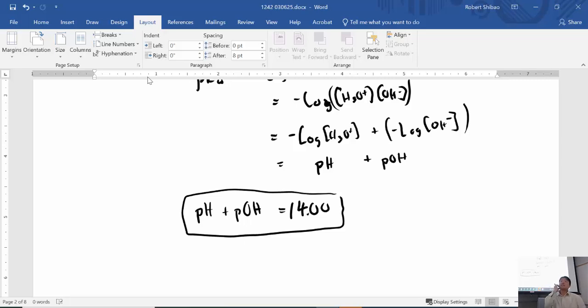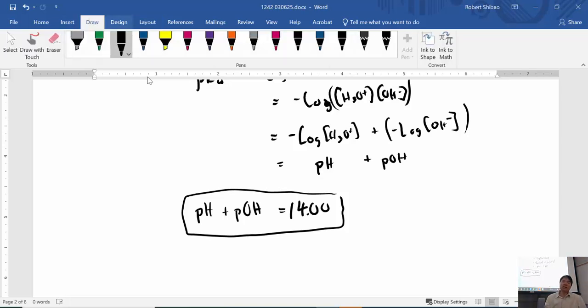So what that means is that the pOH and pH are tied together. And so they have a conjugate style relationship. You know, the conjugate style relationship, if one side goes up, the other side must go down. And so this is kind of a conjugate or seesaw style relationship.